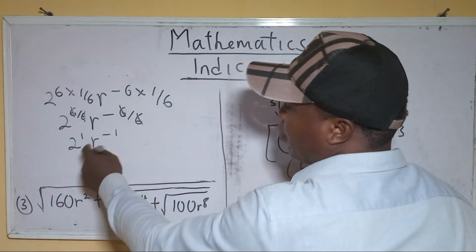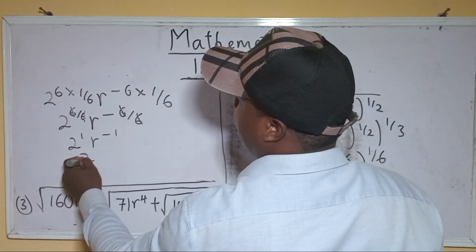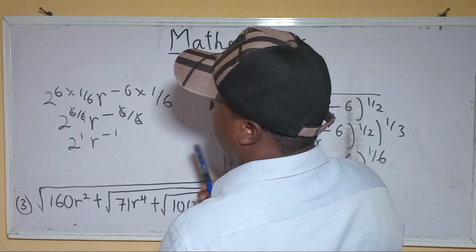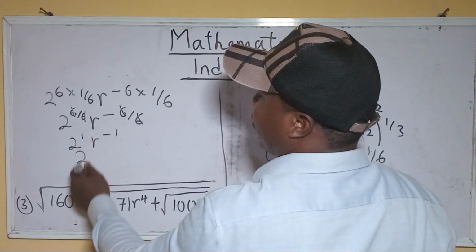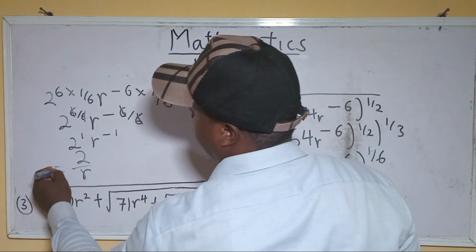So this one will give me 2, and if I take the inverse of r, this gives 2 over r. So this is my answer for this one.